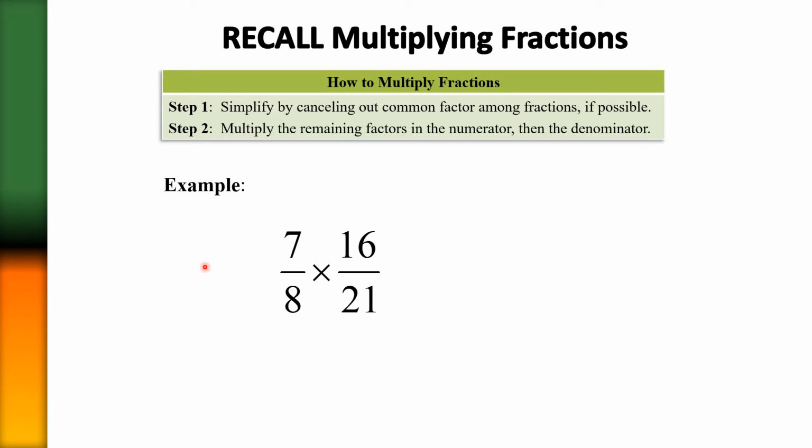So I can cancel this 7, and the 7 in the 21 in the bottom, take the 7 out of that, and that's going to leave you with 3. Crisscross the other way, I see that they have an 8 in common, so I can cancel the 8 from the bottom, take the 8 out of the 16, and that would leave me with 2.